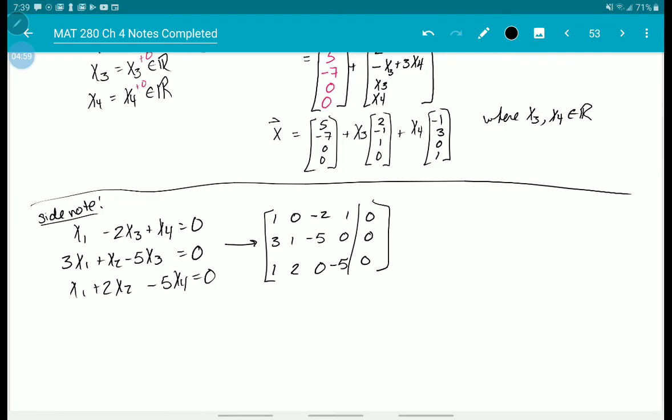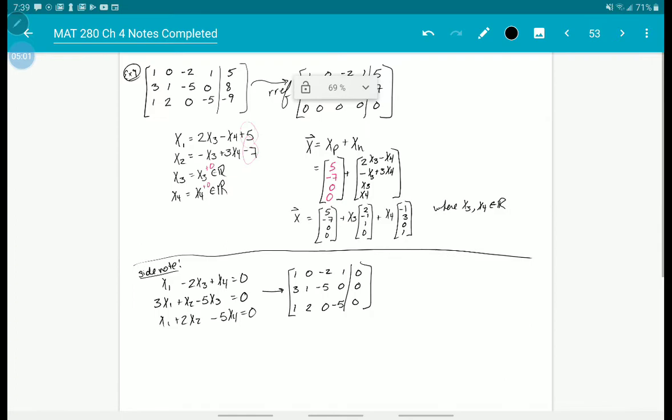Now, I want you to compare this matrix to above. I'm going to zoom out a little bit so you can see that. Do you see how this guy is identical to this guy? The only difference is what's on this side.